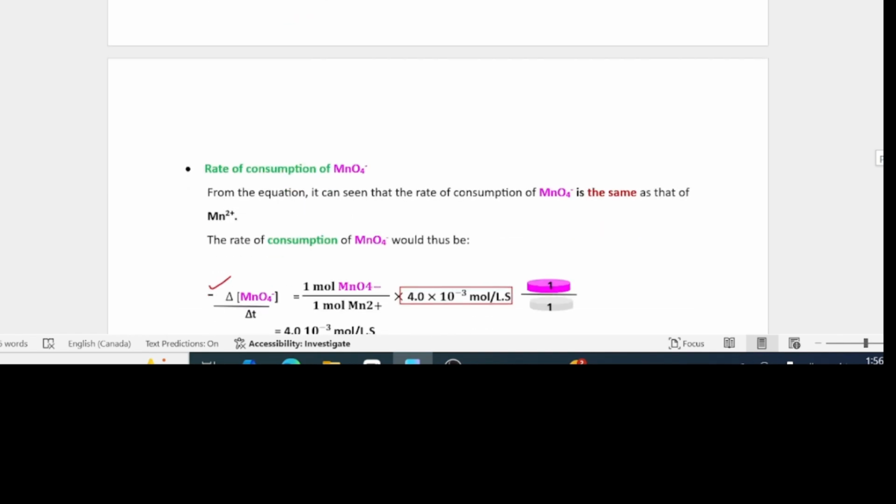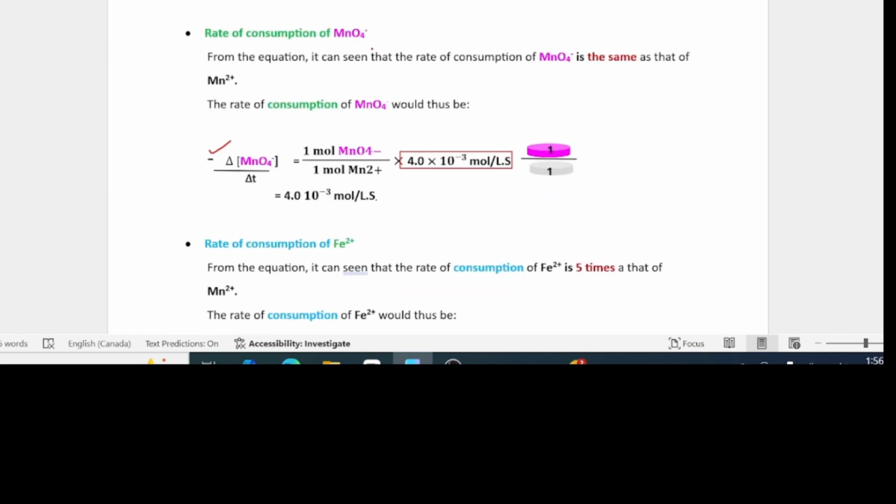We'll now be looking at the rate at which permanganate ions are being consumed. Because it is a reactant, and we know that as time goes by, its concentration decreases. To negate any negative sign that might be produced due to change in concentration, be reminded that a negative sign is placed in front of that expression. So again, you make that the subject of the equation. Establish our mole ratio here.